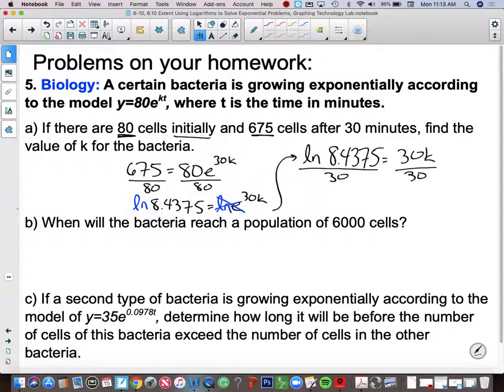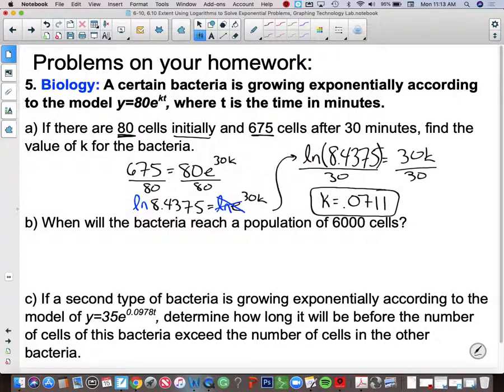Don't forget to close off your parentheses around the natural log before you divide by 30. And we get a value of k. That is 0.0711. So I'm just going to go to 4 decimal places here. I think I said 3 in class, but we'll go to 4 just to keep our answer as good or as best as we possibly can.